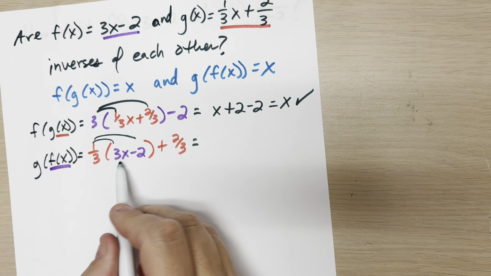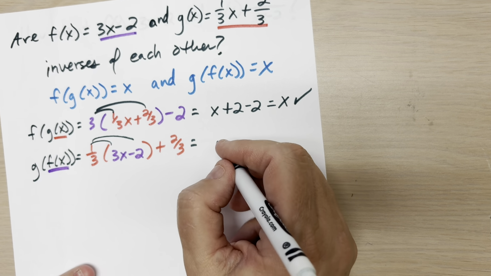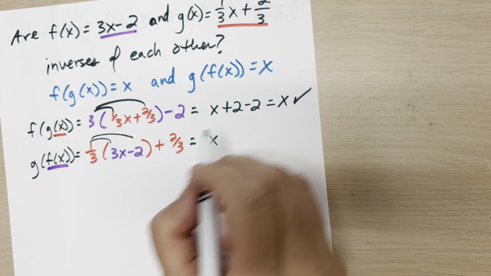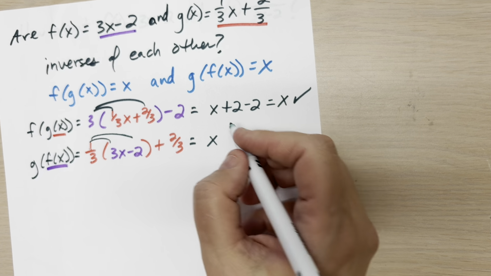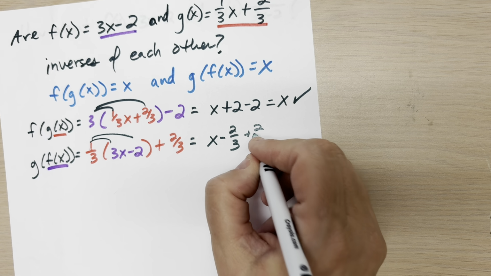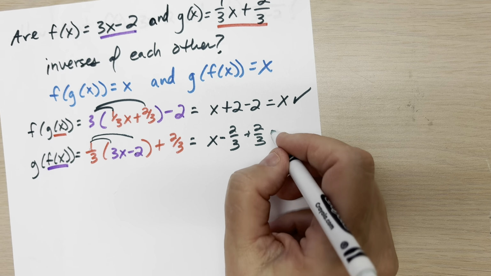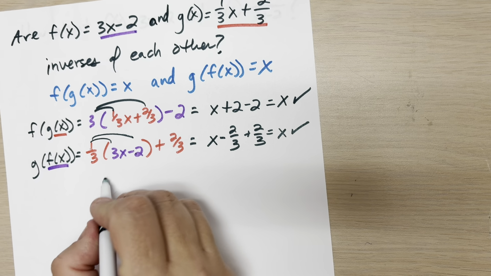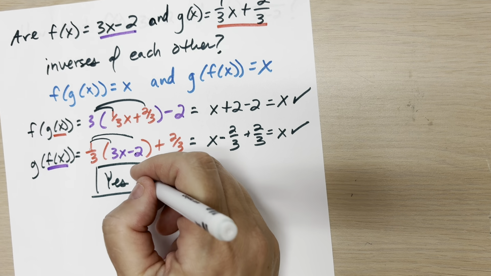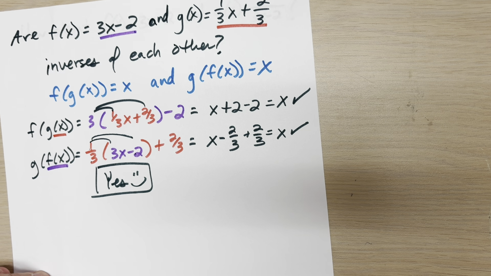Distribute this in, 1/3 of 3 again is 1, so this just gives you an x. 1/3 times negative 2 is negative 2/3, and then I have this positive 2/3. Oh look, they cancel. I get x again. So yes, f of x and g of x are inverses, and we can be happy about that.